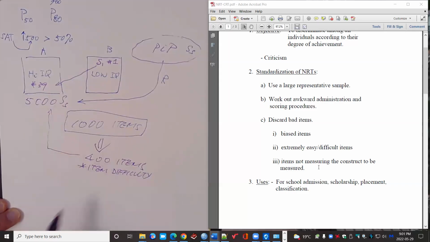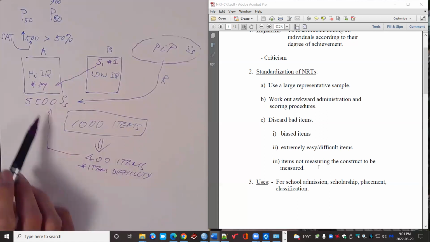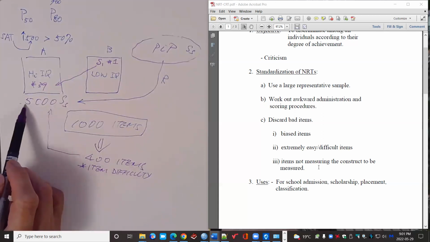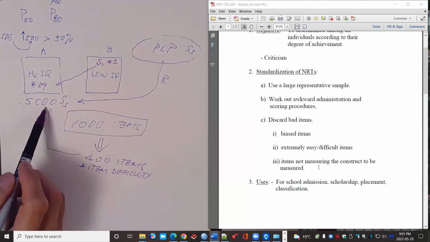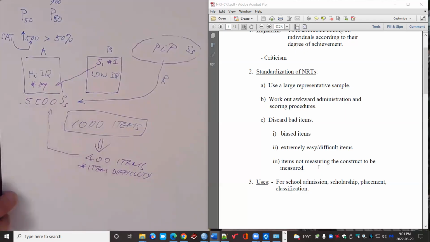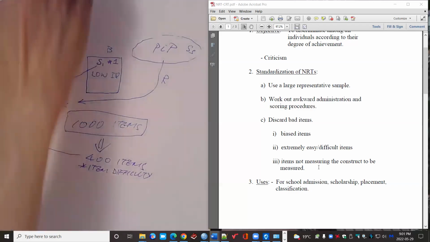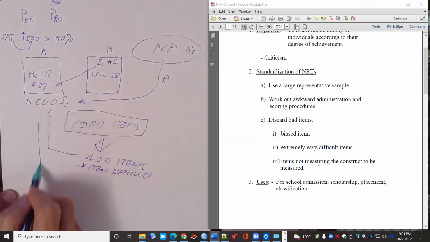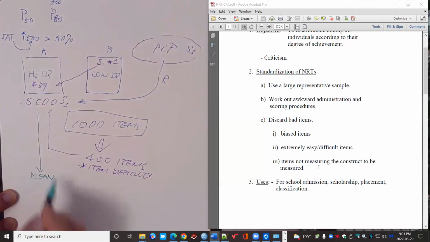Now, using these 400 items, we measure the representative group. We measure their performance. So from this group we obtain the group mean, and of course the standard deviation.